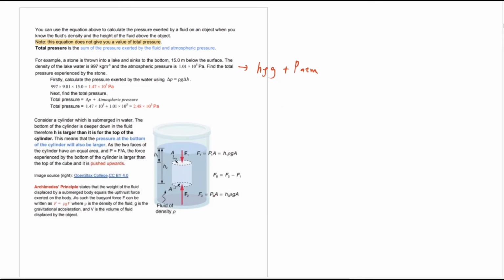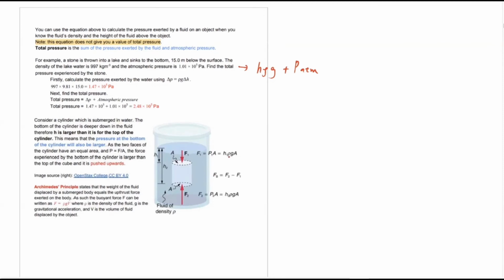So force equals pressure times area. That's why pressure 2 is h rho g, then you multiply with the area. For the top surface, we use h1 rho g to get the top surface pressure. Then the force is pressure times area. So that's why there's an A there.